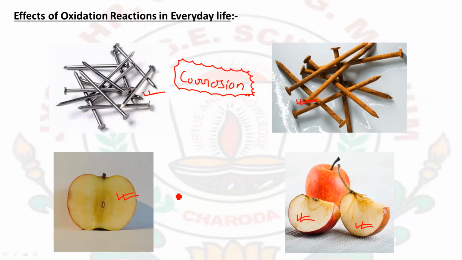But when an organic substance oxidizes and gets destroyed, it is known as rancidity. So for organic substances, the oxidation is known as rancidity, while for inorganic or non-living things, when we see oxidation and their destruction, it is known as corrosion.